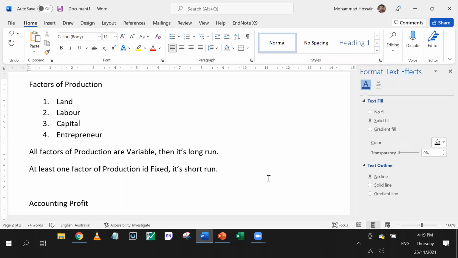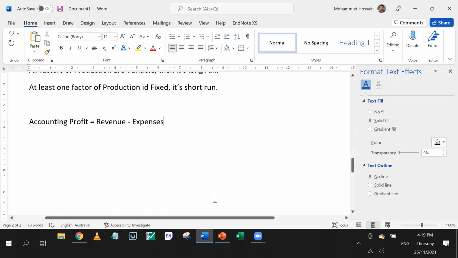Accounting profit is equal to revenue minus expenses. This is known as accounting profit. Okay. These expenses, or revenue cost, these expenses are known as explicit. Let me type it down. Explicit cost, we call them.